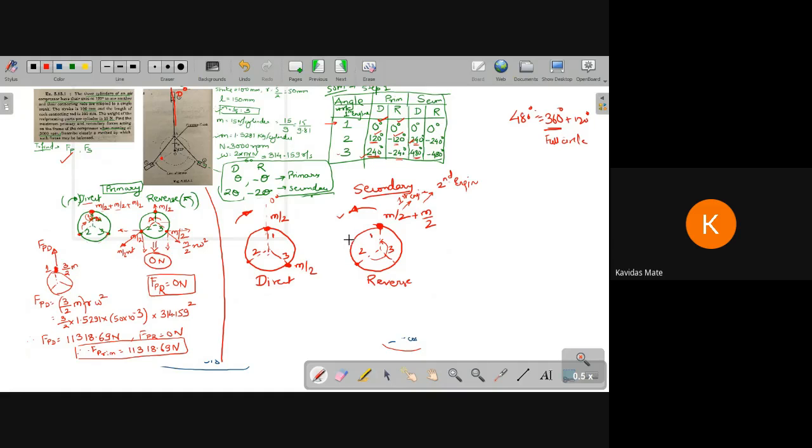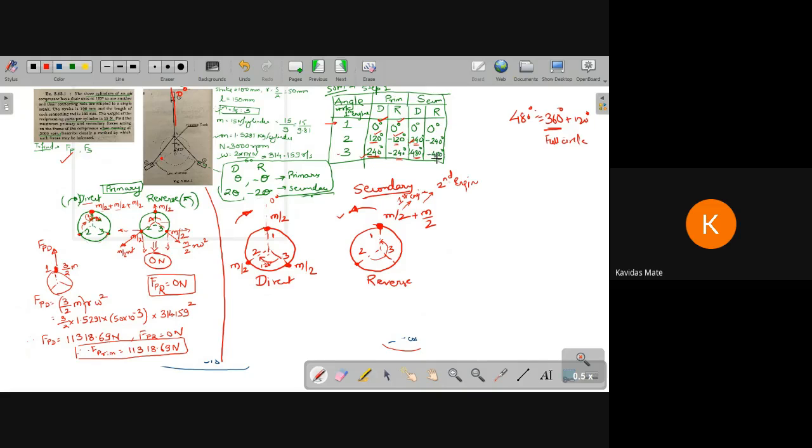Ideally it should be located at this point, but we need to go in this direction with 480. So this will move me to 360 plus 120. So it will be at this location. 360 means from 3 it will come back to 3, and then 120. So 480 degrees means it will go to this point number 2. So the mass will be kept at this location.